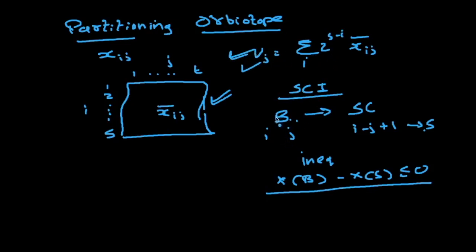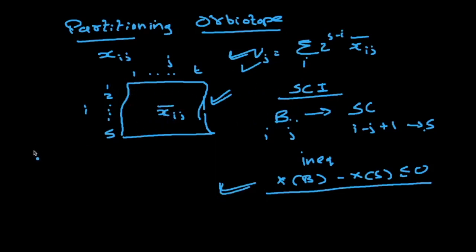I haven't really defined how B or S is constructed. In the paper they have described it. I just think that it's a bit complicated and not really needed for this video, so I'm going to skip that part. But that's the idea, right? It requires an exponential number of constraints in order to model this requirement, and once we do that, it breaks the symmetry.